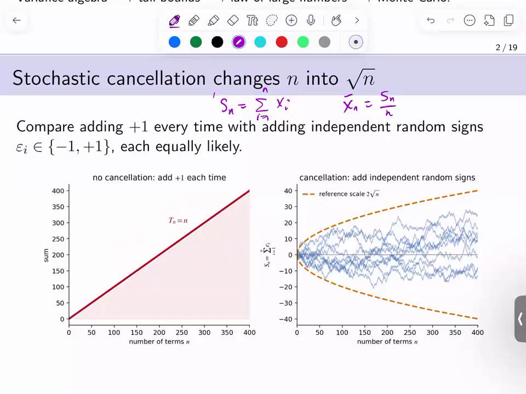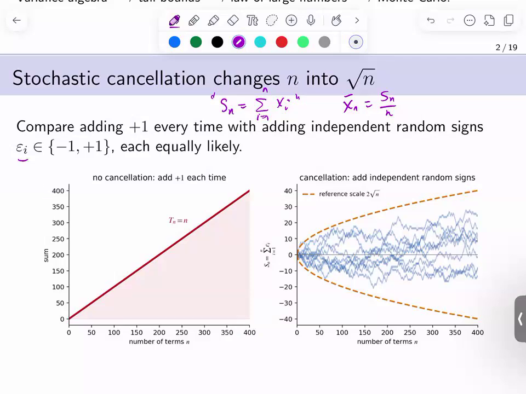The same phenomenon happens here. Imagine the xi's are plus or minus ones. If they're deterministic, in the worst case all of them are ones, and so the sum grows like n. If n is 400, the sum would be 400.